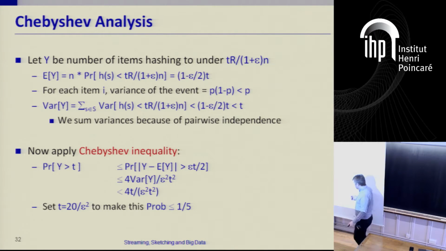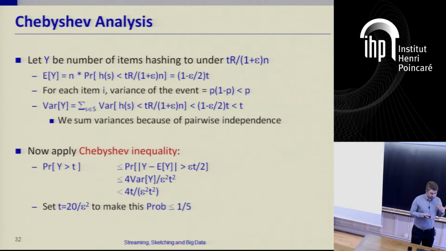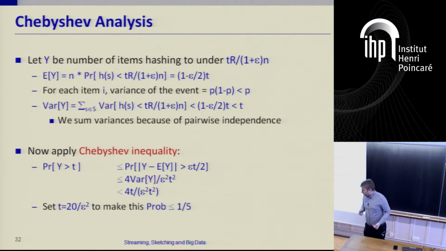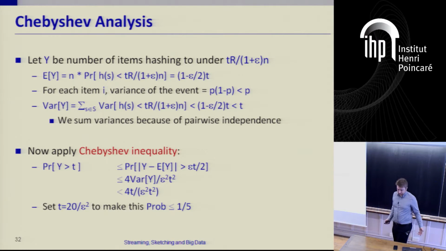What this says is if I set t, the number of elements that I'm keeping track of, to be 1 over epsilon squared, then the probability for one instance of this algorithm that I get an estimate that's too large is at most a constant, a fifth, plugging all this through. So it's just figuring out what's the right event to analyze and applying the right concentration bound to that event.